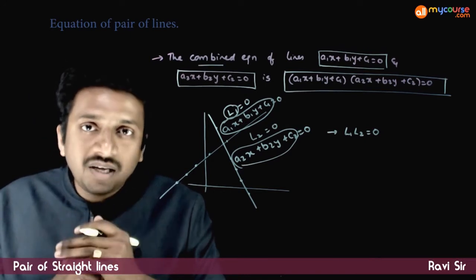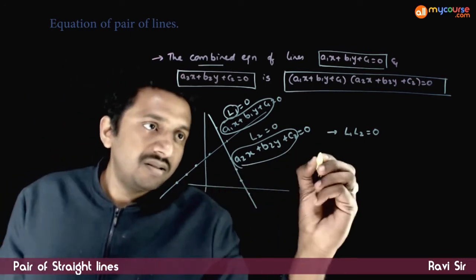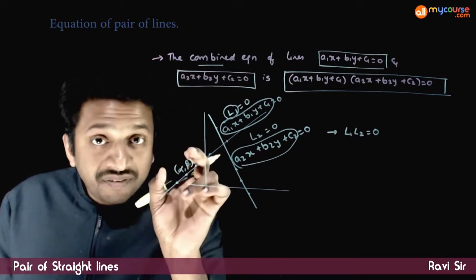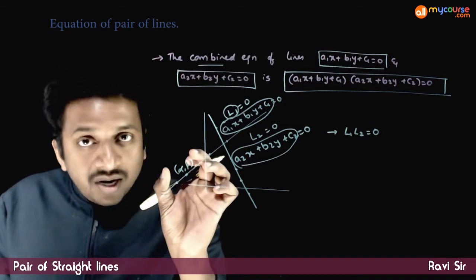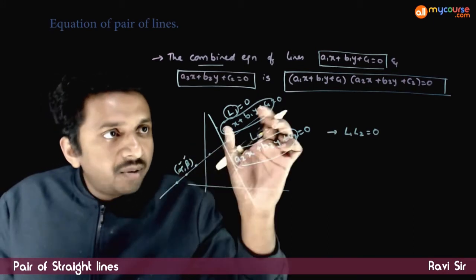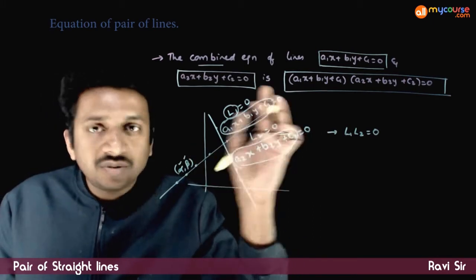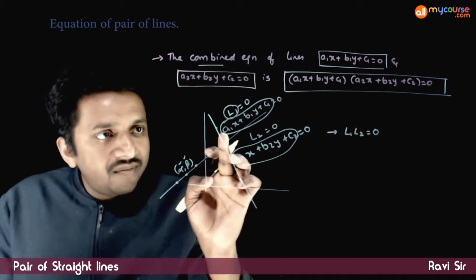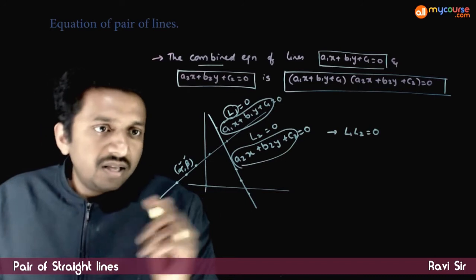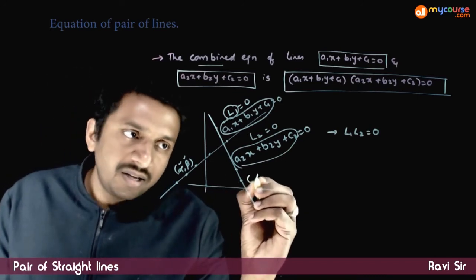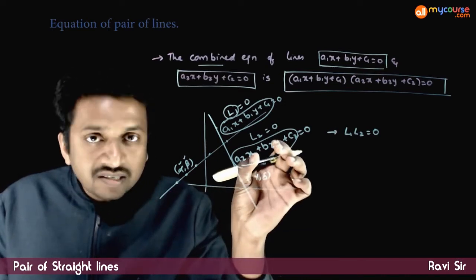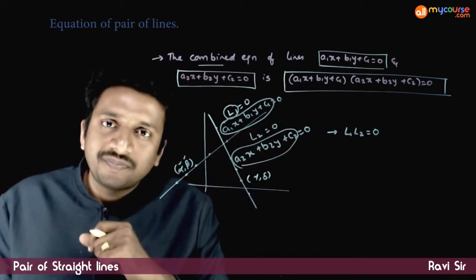Why is this the combined equation? Because if you take any point alpha comma beta on the first line, if you substitute alpha comma beta in this expression, it has to satisfy this equation, right? So a1 alpha plus b1 beta plus c1 will be equal to 0. If you take any point gamma delta on the second line, this gamma delta satisfies the second expression is equal to 0.